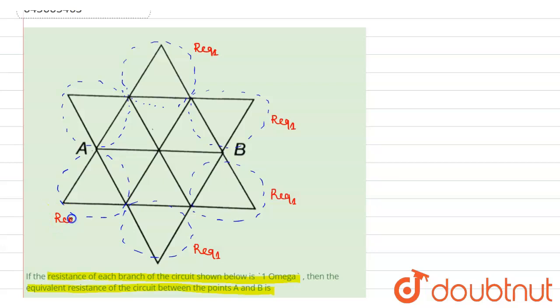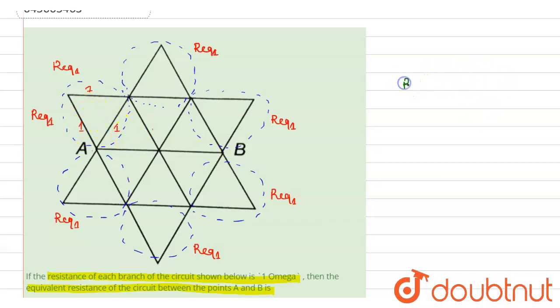Let me name them one by one. They have the same value. How are we going to find this? We know this is 1 ohm because each small wire has 1 ohm resistance. This will also be 1 ohm and this will also be 1 ohm. So we see here it is simply a series combination. So 1 and 1 become 2, and it will be in parallel with 1.